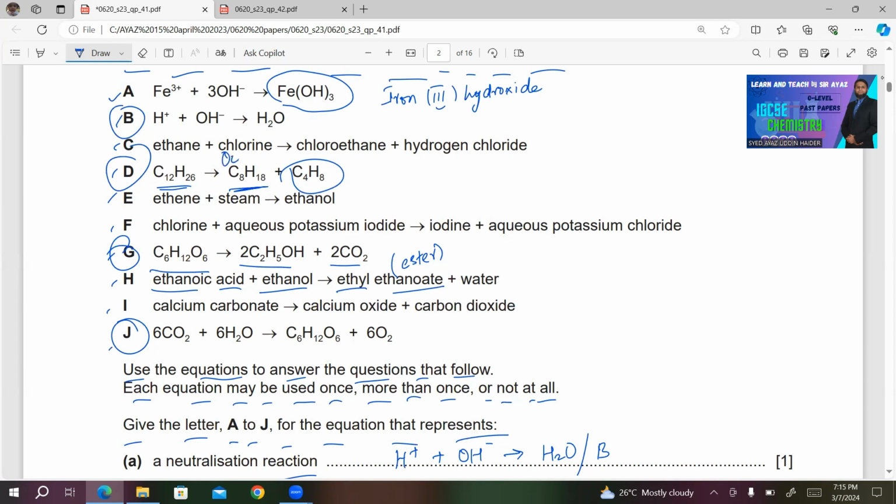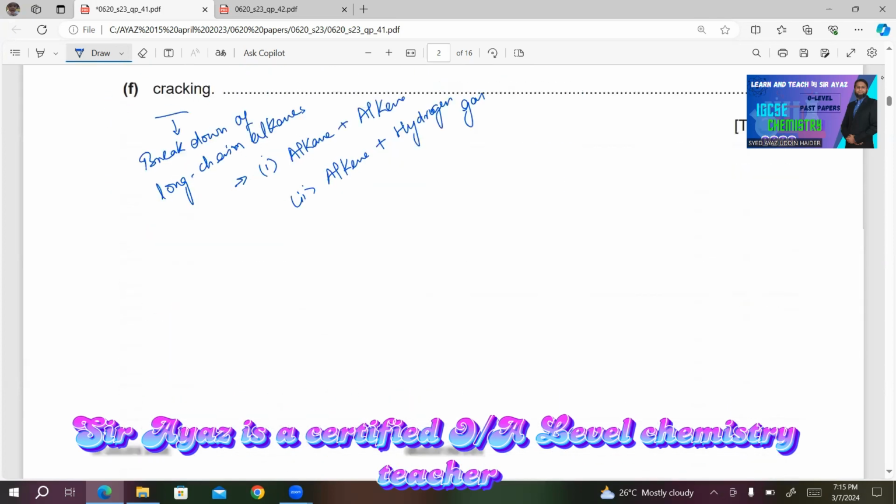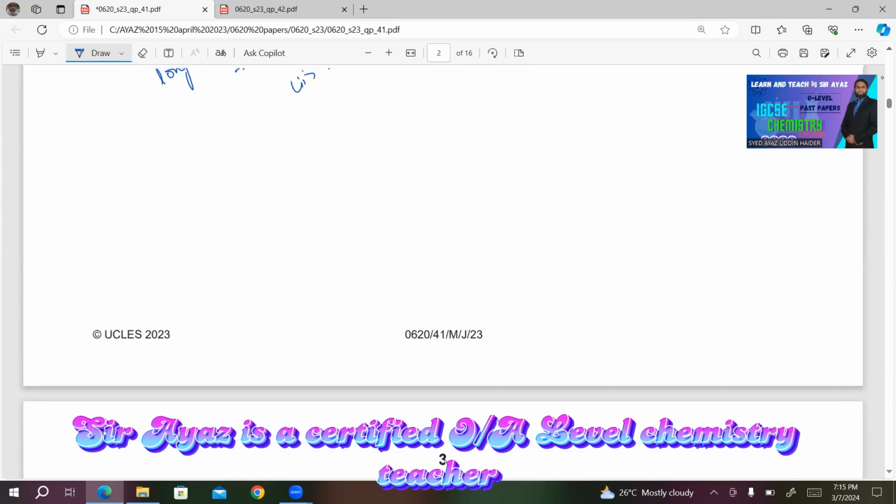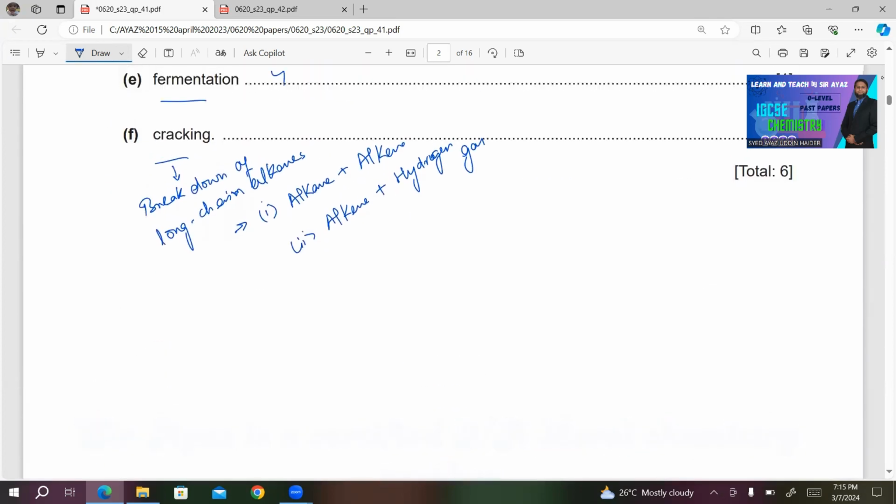This is octane, and this one is butene. So alkane and alkene. So this must be the answer for F. So write D here.